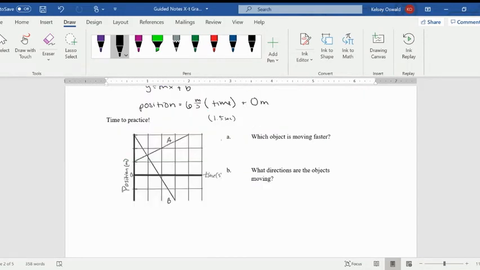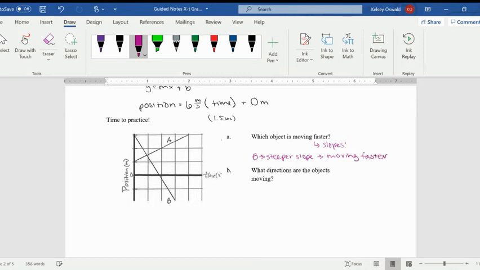So let's say we have this position-time graph with object A and object B. If we want to see which object is moving faster, we are going to want to look at our slopes and see who has the steeper slope to tell us who's moving the fastest. If we look at A and B, we are going to see that B has a steeper slope, so it is moving faster. Okay.